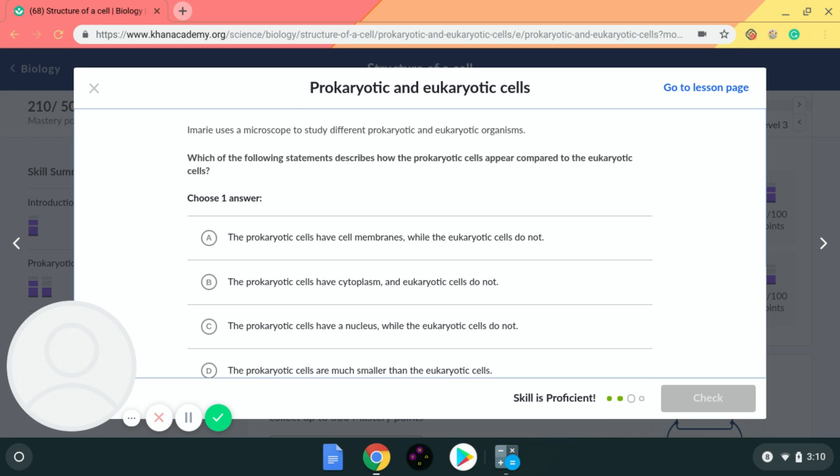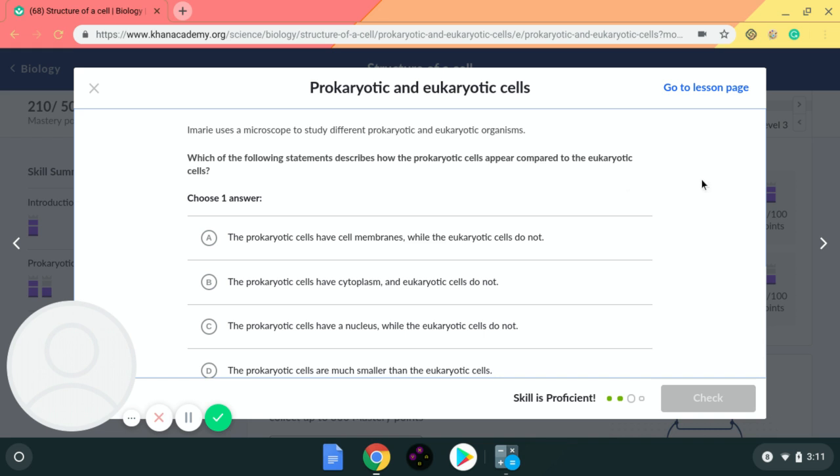Prokaryotic cells have cell membranes, while eukaryotic cells do not. All cells have cell membranes. Otherwise, it's just a bunch of goop floating around. They need the cell membrane to hold them together. B. The prokaryotic cells have cytoplasm and the eukaryotic cells do not.